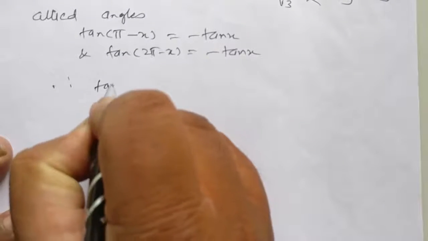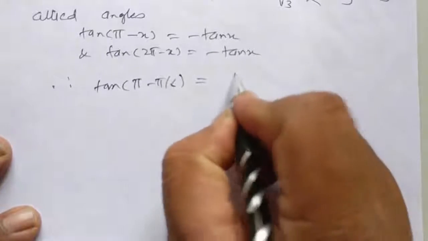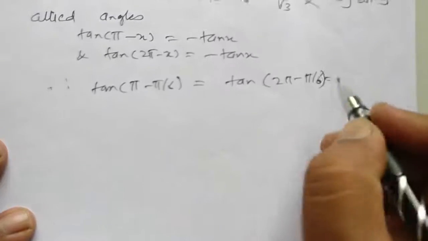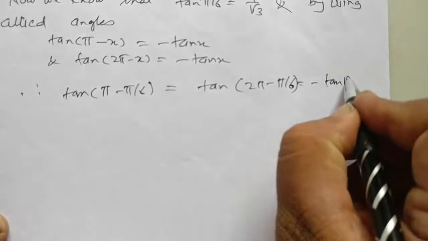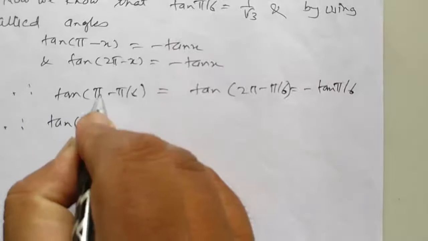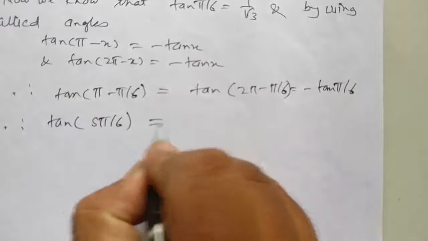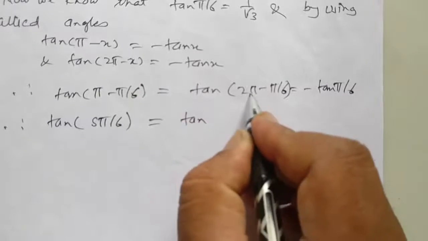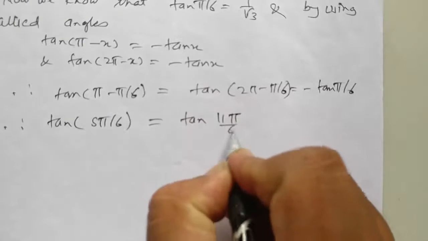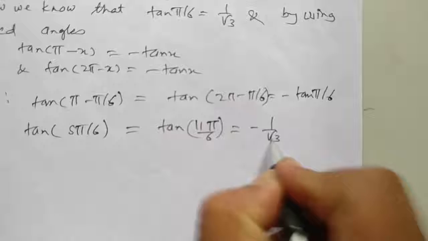Therefore, tan of pi minus pi by 6, which is 5 pi by 6, is equal to tan of 2 pi minus pi by 6, which is 11 pi by 6, is equal to minus tan pi by 6, which is minus 1 upon root 3.